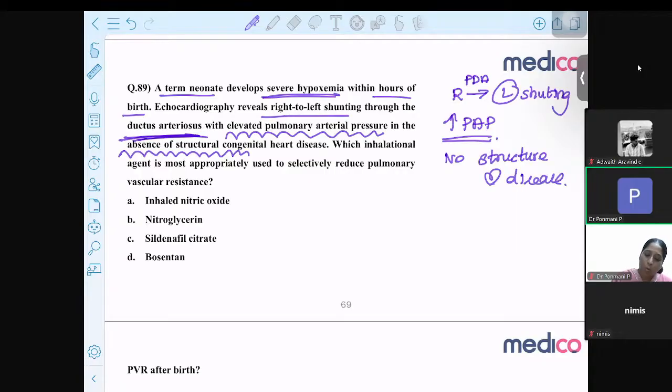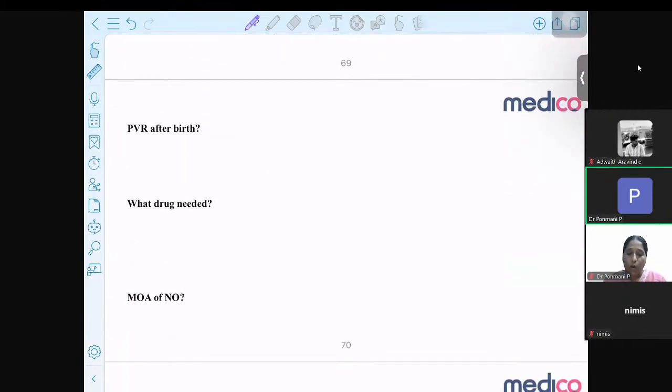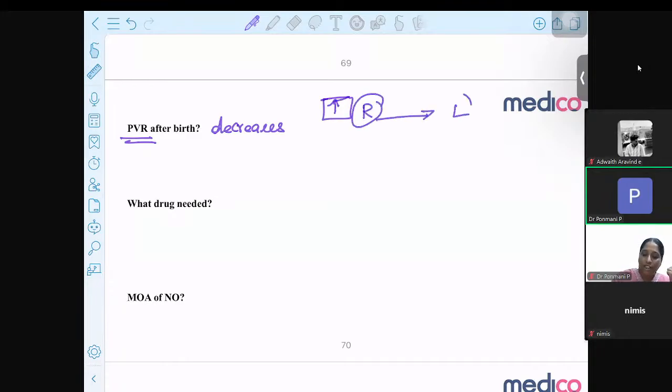Now, what agent will you use to reduce the pulmonary vascular resistance? What happens to the pulmonary vascular resistance after birth? Usually it decreases after birth. In this case, it is increased, and since it is increased, it is causing right to left shunting through the ductus arteriosus.